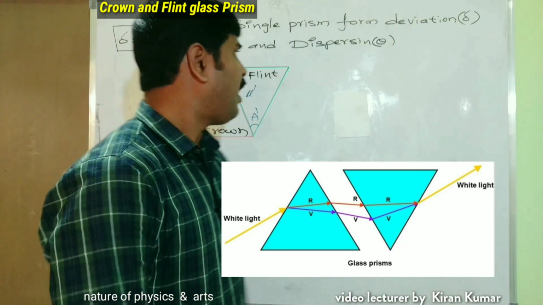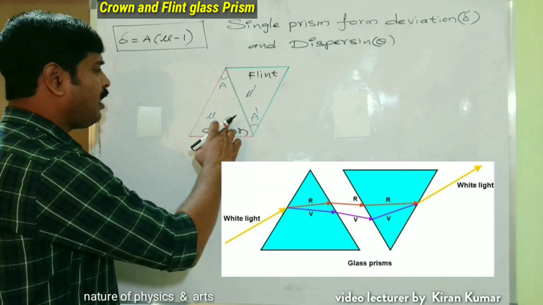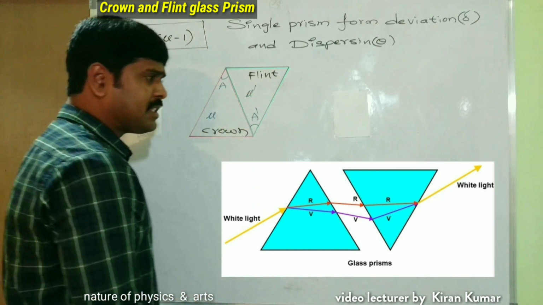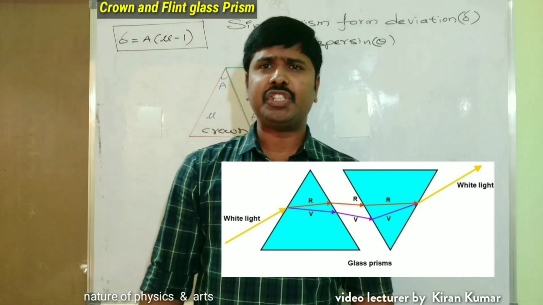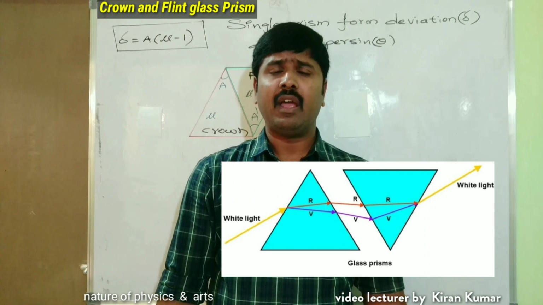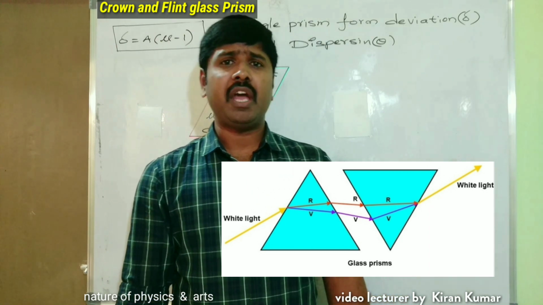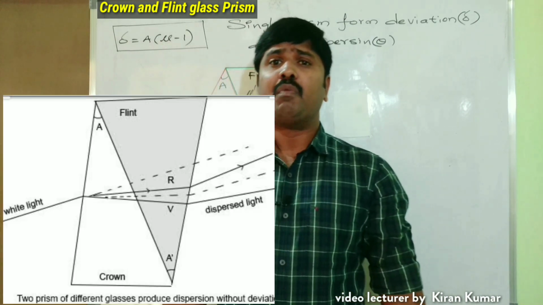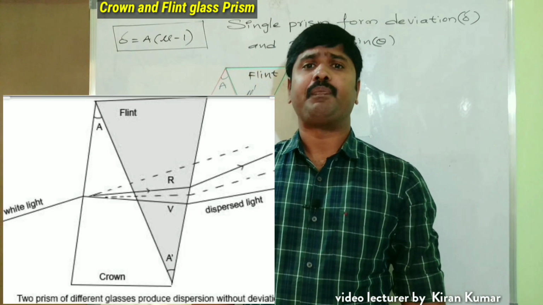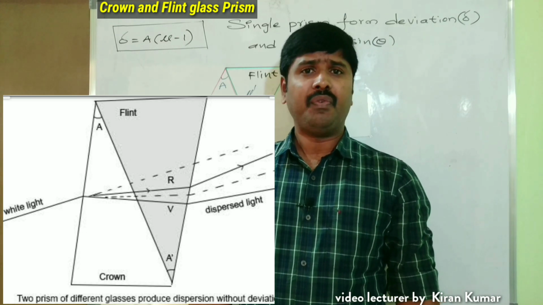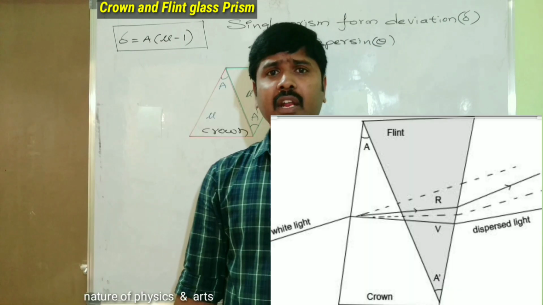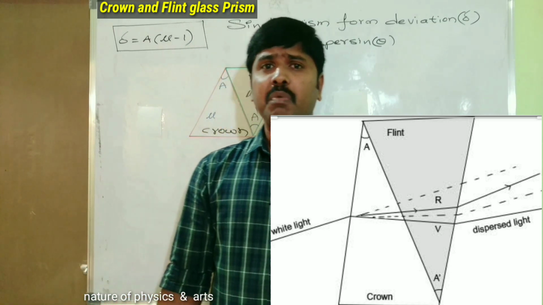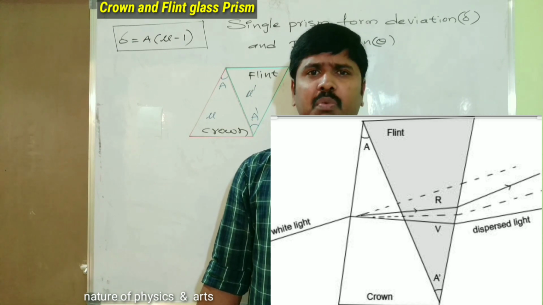With the help of a combination of the crown glass and flint glass prism, with proper adjustment, we will get either deviation without dispersion or dispersion without deviation. We will discuss the proof for the deviation without dispersion or dispersion without deviation in the next videos.